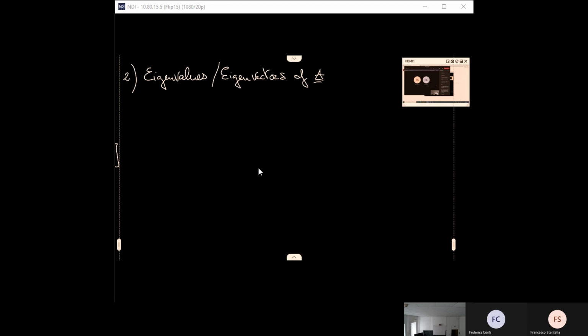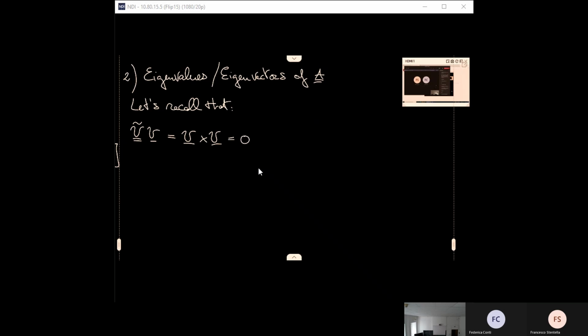So first of all, let's recall that if you write this, for our convention, this is equal to what? This is equal to v vector v, right? And this is 0 by definition.